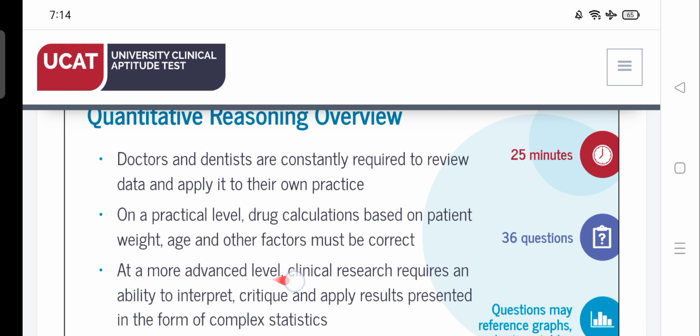At a more advanced level, clinical research requires an ability to interpret, critique, and apply results presented in the form of complex statistics.